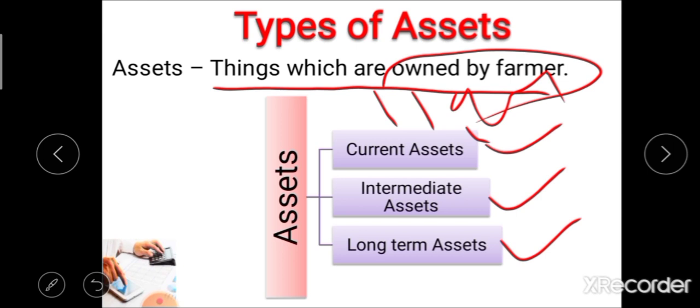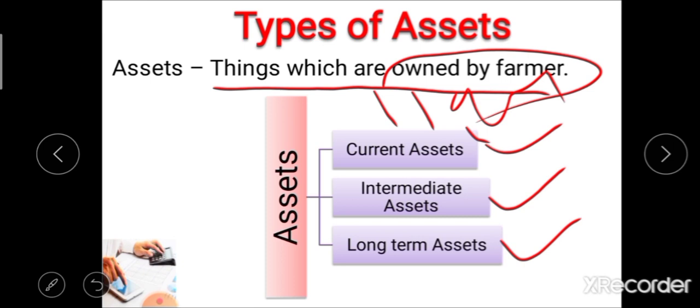For example, cash in hand, agricultural produce like food grains, and milk produce are included in current assets. We can convert current assets into cash within a short period of time.